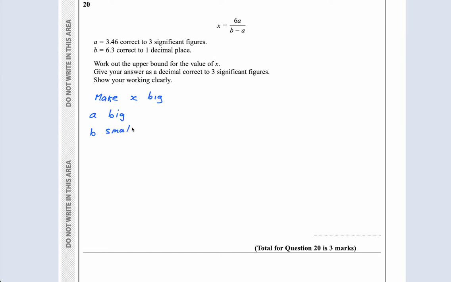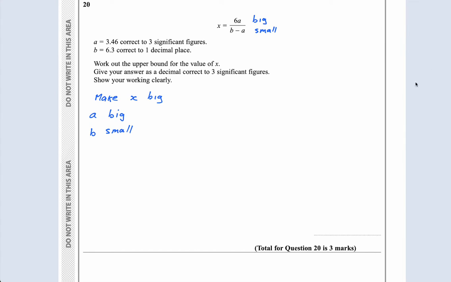Okay, why do I have to do that? Well, think about it. It's a fraction, so to find the upper bound, I want the numerator to be big and the denominator to be small. That way, the whole number, which is X, will be big, and that's essentially it.